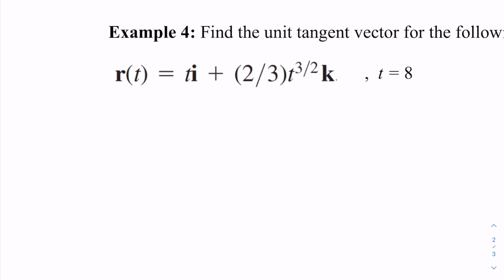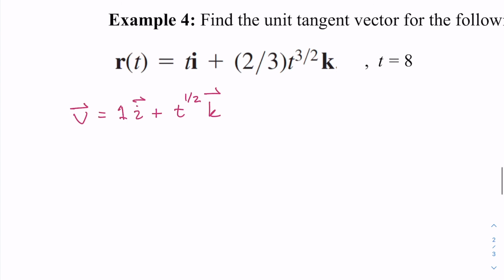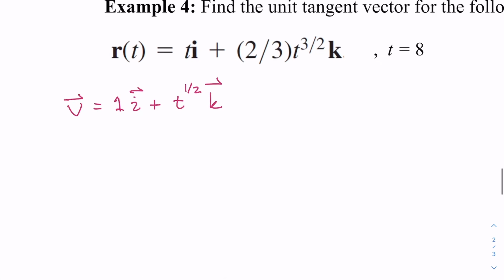So in this case, v is going to be the first derivative of r. So we'll get just 1 i plus 2t to the 1/2. So we basically get the square root of t in the k direction. Now we need to take the magnitude of it.